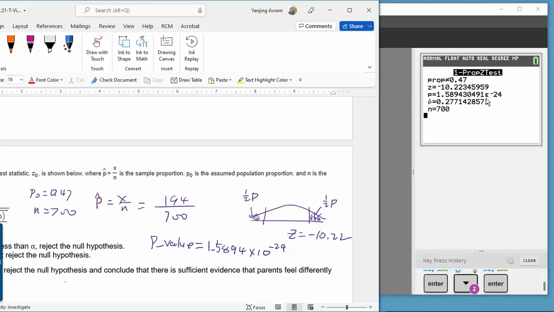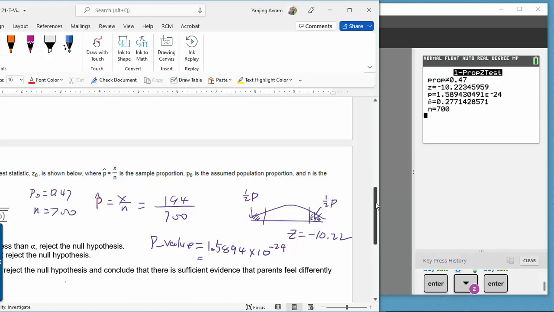If I want to round to 3 decimal places, this negative 24 means I need to move the decimal point to the left 24 digits.